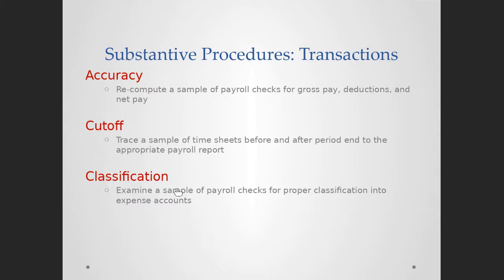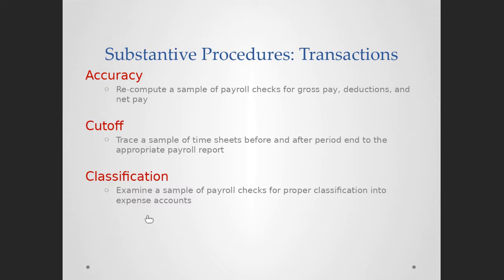Then we have the classification, which is examining a sample of checks for proper classification into the expense accounts. And you just saw the financial statements, how many different types of expense accounts there are in the payroll category.